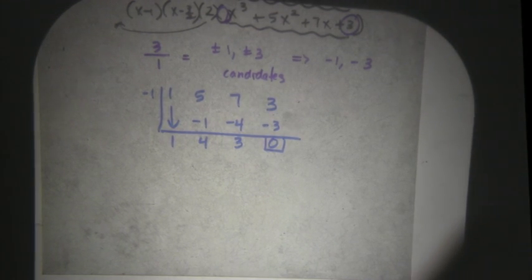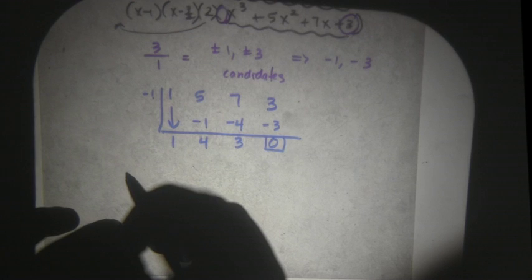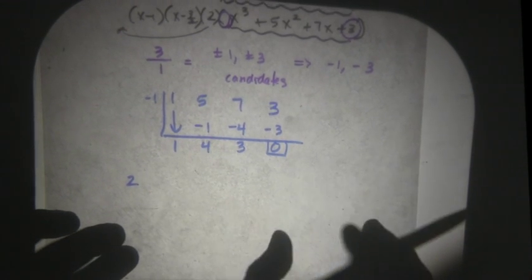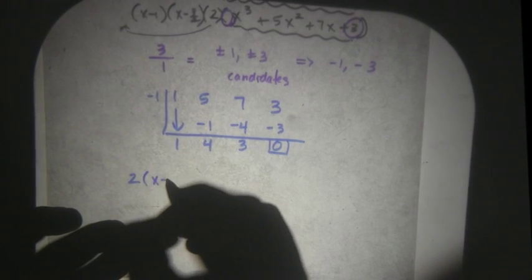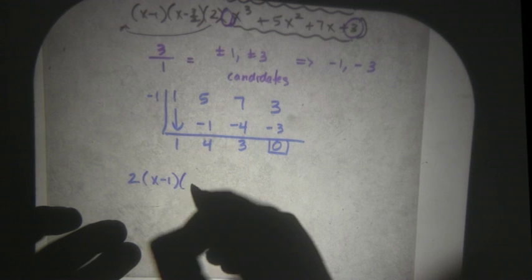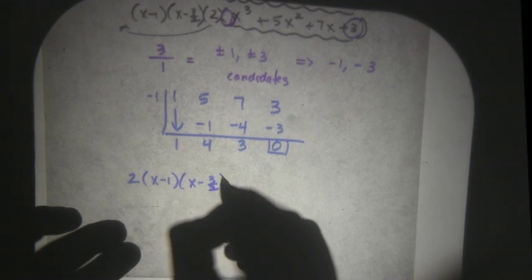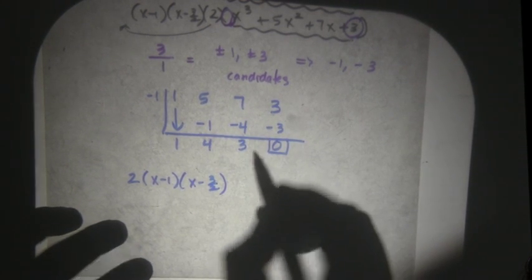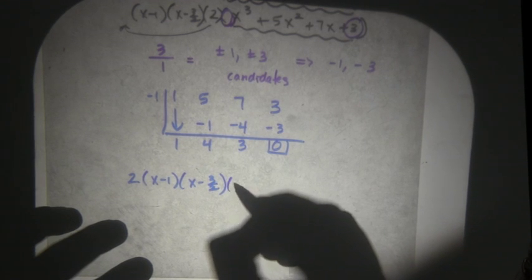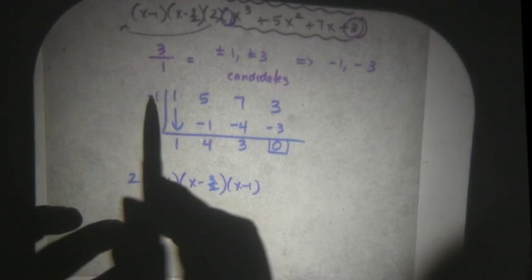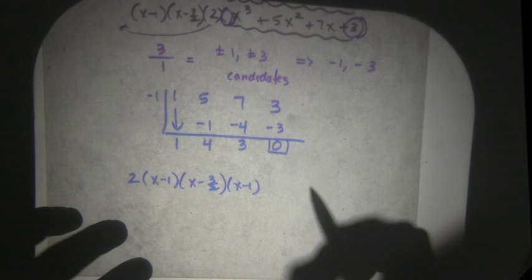So at this point we can recap all the factors that we found so far. We know that 2 is a factor because we factored it out earlier. We know x minus 1. We found that earlier. We know x minus 3 halves because we found that earlier. And now I have another x minus 1 because it was a 0 yet again.